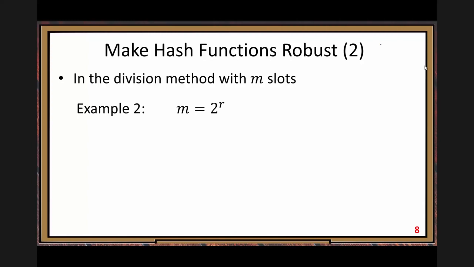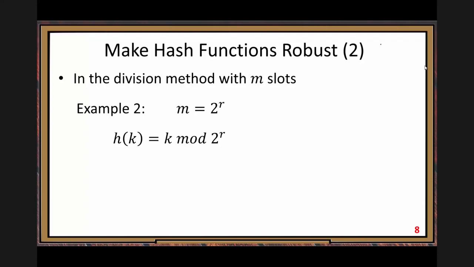Look at k mod 2 to the r, especially when you consider the binary representation.